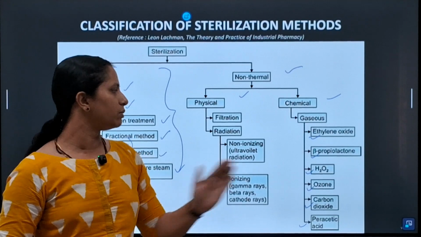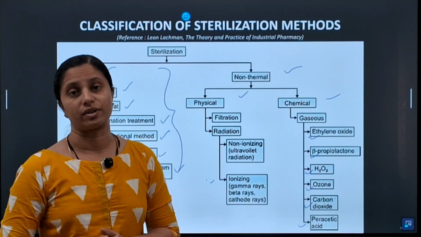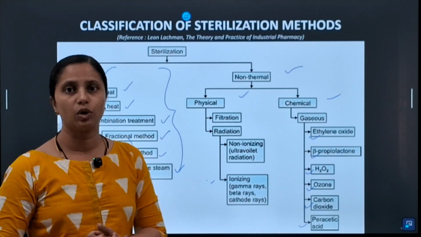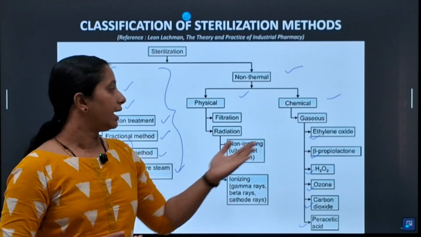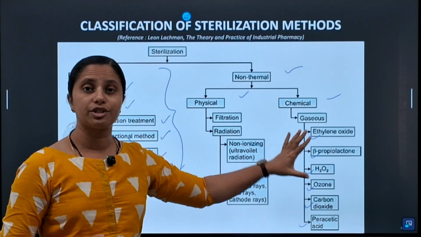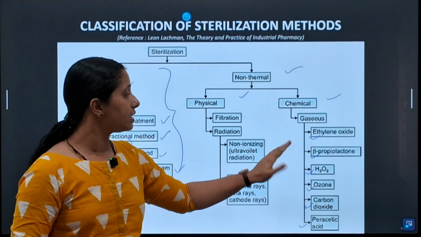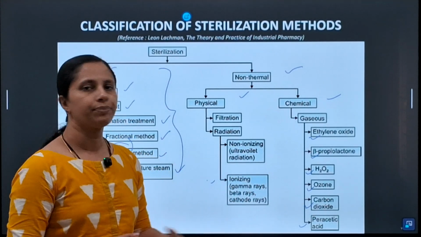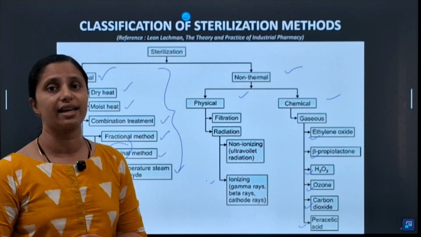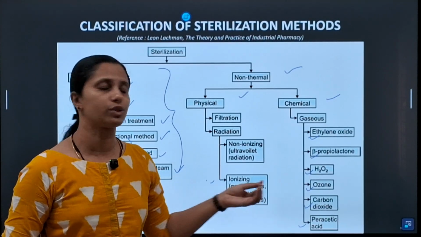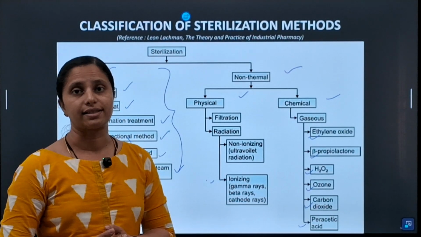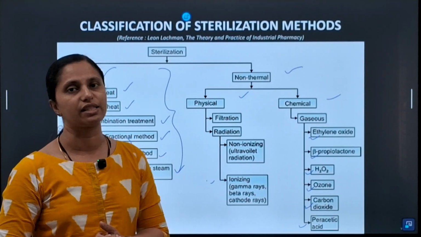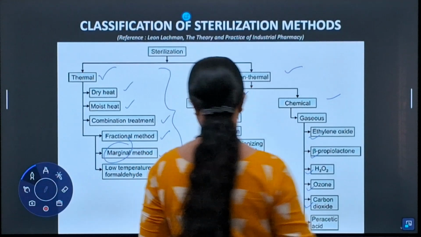Alkylating gases example, the most commonly used one is ethylene oxide, and others like beta-propiolactone, formaldehyde, glutaraldehyde, etc. And ethylene oxide is the most commonly used gas in the entire gaseous sterilization methods. Okay. And the other category is oxidizing gases, for example, ozone, hydrogen peroxide, etc. They carry out sterilization by the mechanism of oxidation.